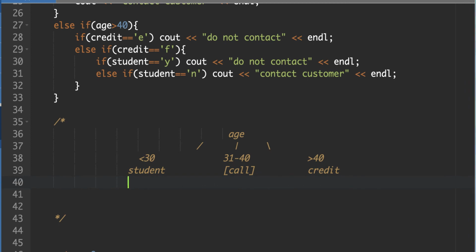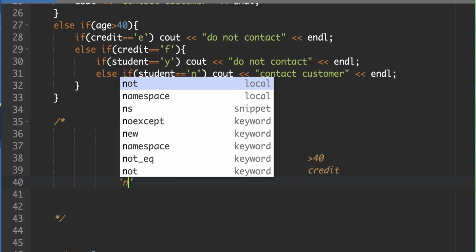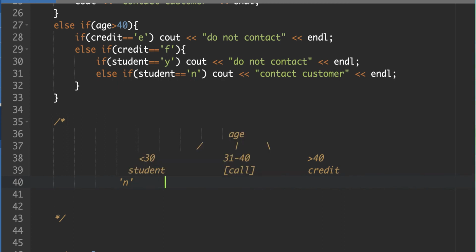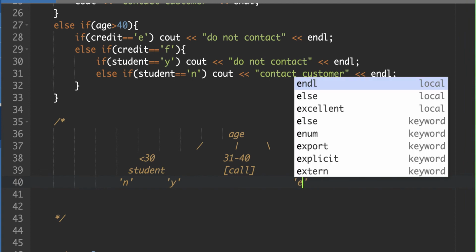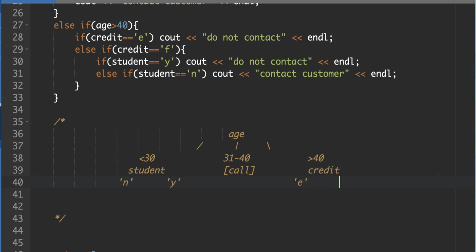So now the next layer of this, if they are a student, I'm going to have two options here. So either no, they're not, or yes, they are. If they are over 40, either their credit is going to be excellent or their credit is going to be fair.